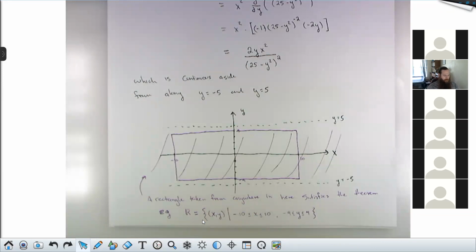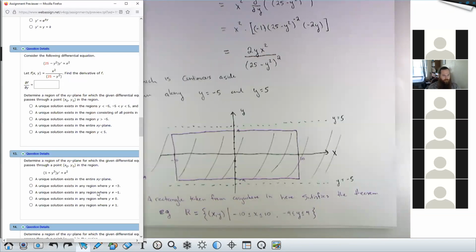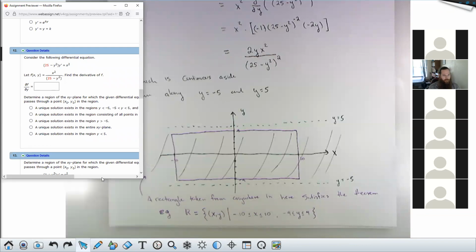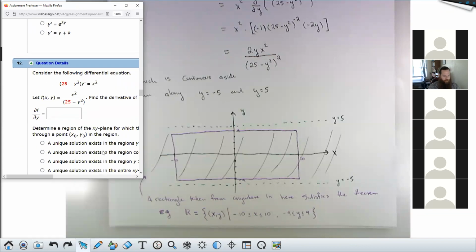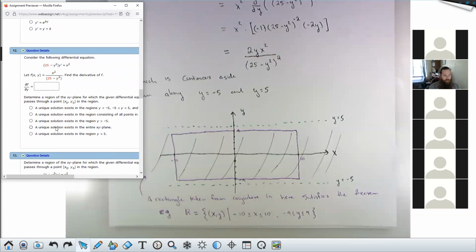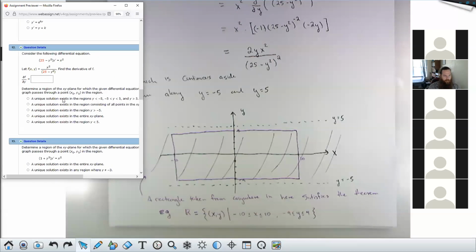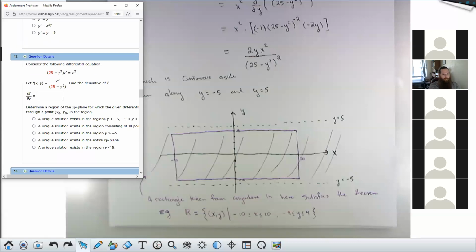Let's go back and look at the problem as it is in WebAssign, and see what options they provided us. They want the derivative here, df/dy, and then they give us a few options to pick from for a region.